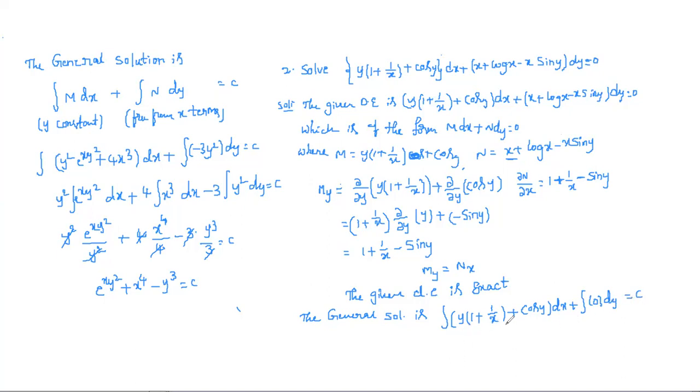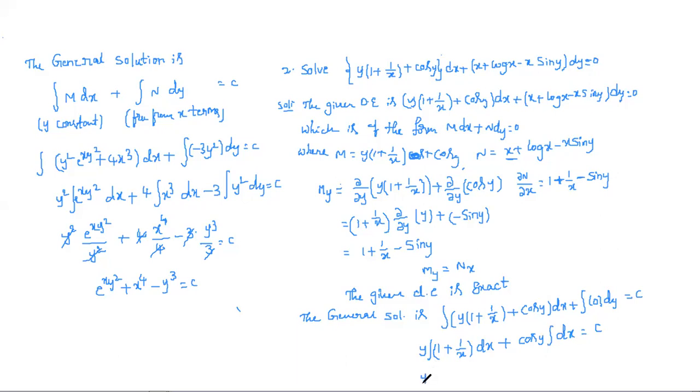Now with respect to x we are integrating, and we treat y as a constant. So y goes outside: y integral 1 plus 1 by x dx, plus cos y is also constant because that is also a y term, integral dx, is equal to c.